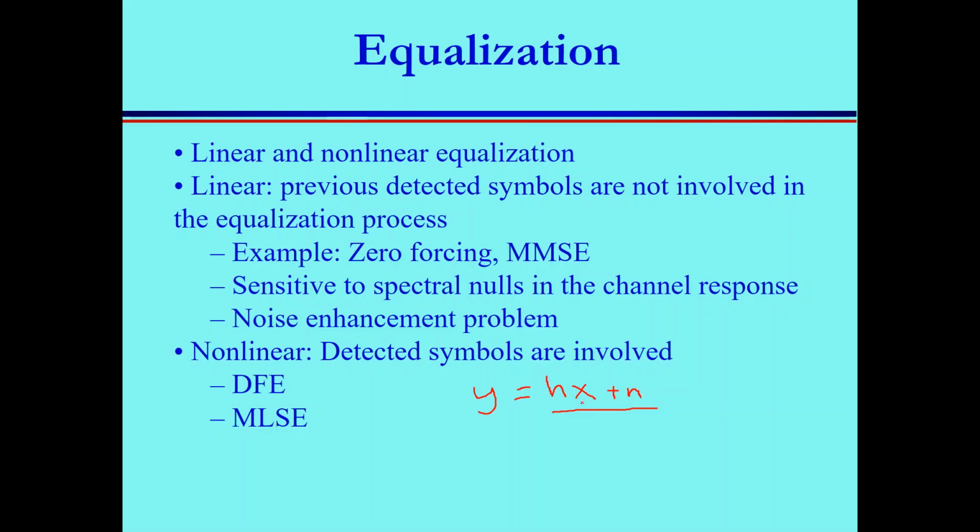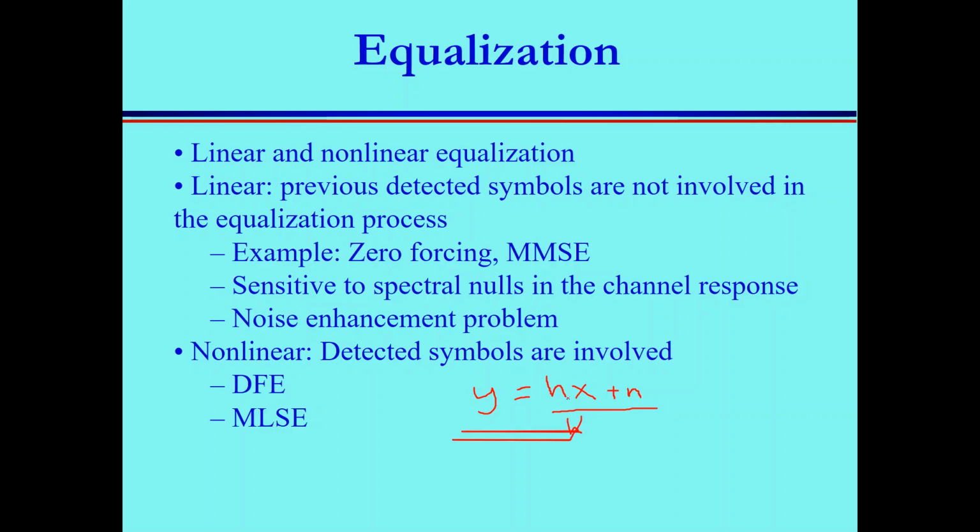We divide and do not subtract because we don't know the noise. You can never know the noise. You can estimate the channel, but you cannot estimate the noise. The noise is random and comes into your receiver when you receive your data. So you divide by H.